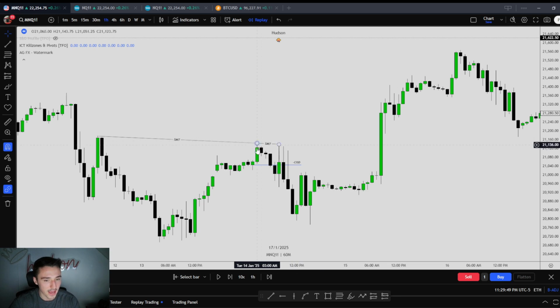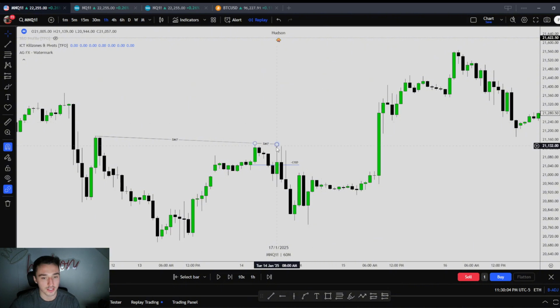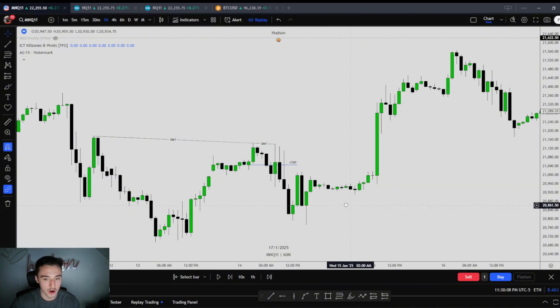We can have an SMT on the overnight high with the ES and NQ, but if we make that, most of the time we won't rerun it. So if we respect this SMT, we will not rerun it during the same session. So you guys can see we start to fade off, and then we finally get that drop lower.